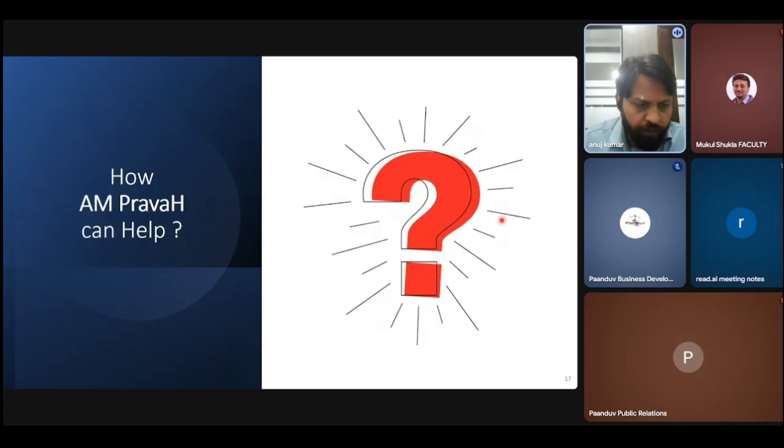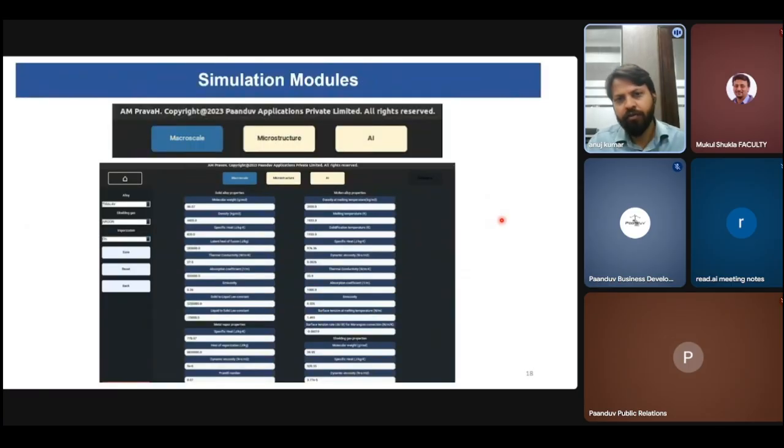So now the main crux of the talk: how AM PravaH can help with the modeling and simulation of LPBF, whether it is multi-track or multi-layer. I took a snapshot from their module, just to showcase the UI of this beautiful tool called AM PravaH. As I mentioned previously, you have to choose the scale of the modeling.